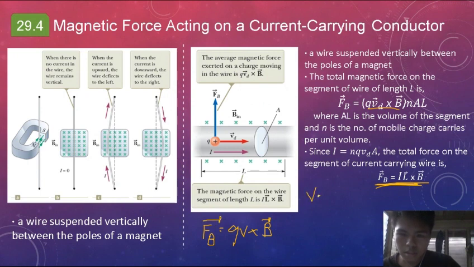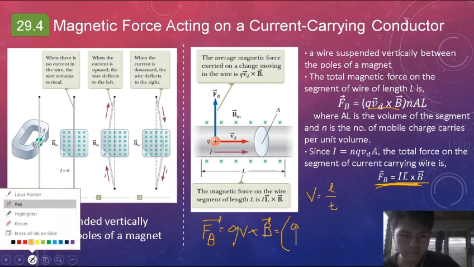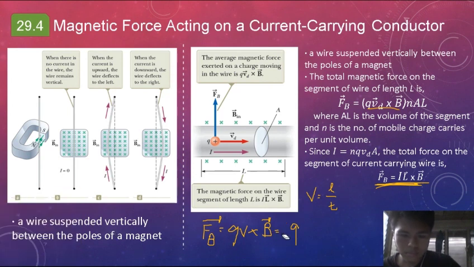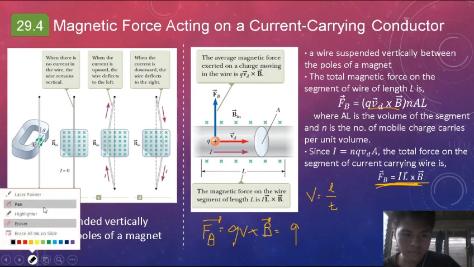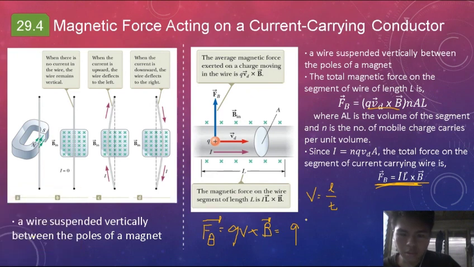Since velocity is equal to length over time, because the unit of velocity is meter per second, so length per time, we can substitute length over time for v.